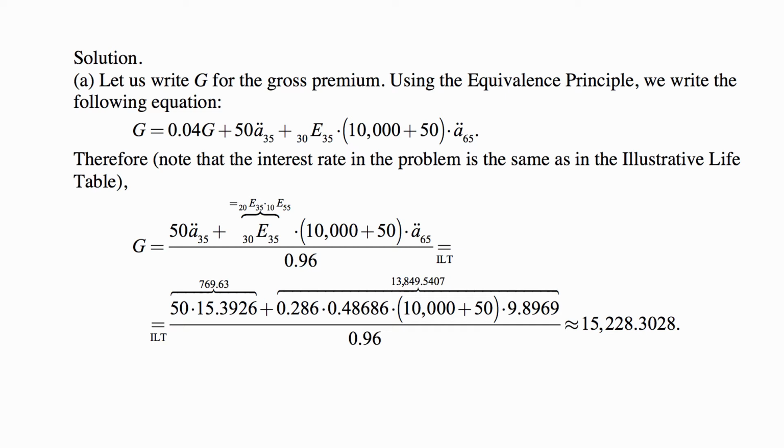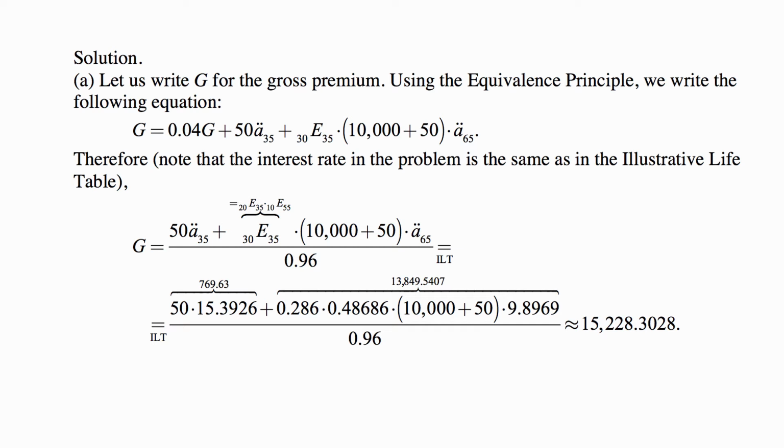Of course, we know that the interest rate is the same, the problem is the same as in the illustrative life table. We can just solve this for G. We move everything with G to one side, and that just becomes 0.96G equals the right-hand side. And then we divide the right-hand side by 0.96, and we have what G is. We just need to figure it out based on the data that we have.